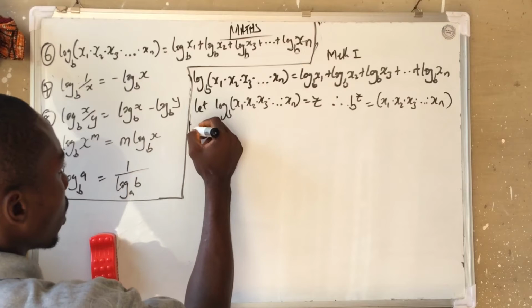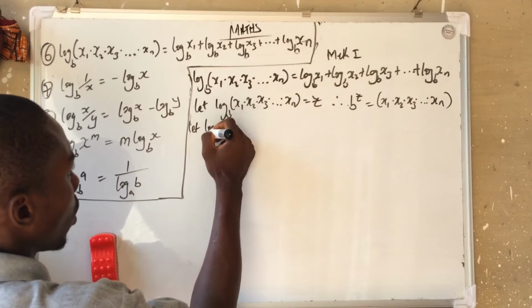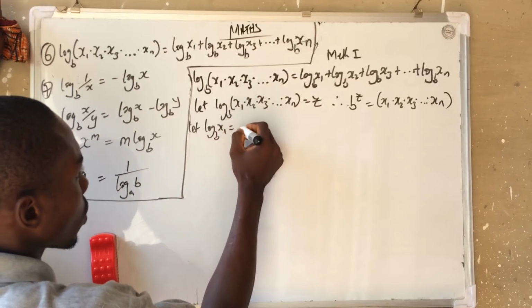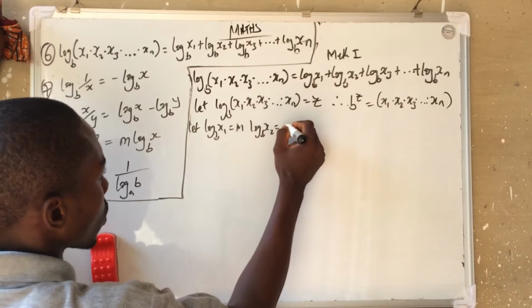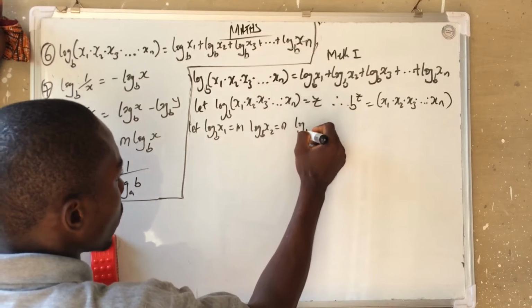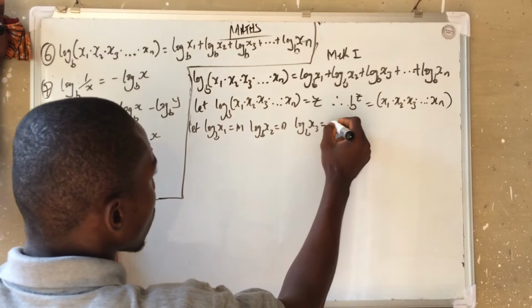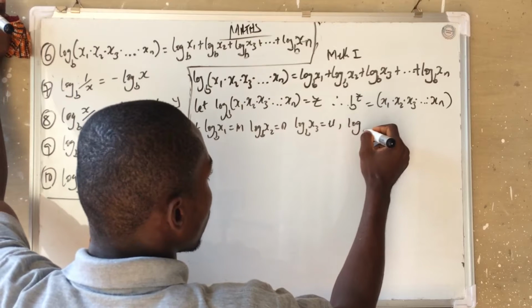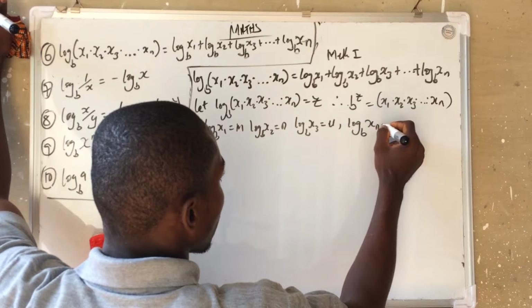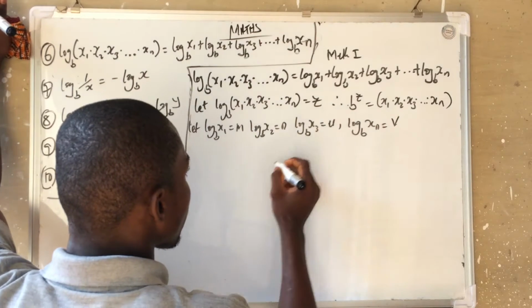I'll now also say let log b x1 equal m, log b x2 equal n, log b x3 equal u, log b xn equal v.